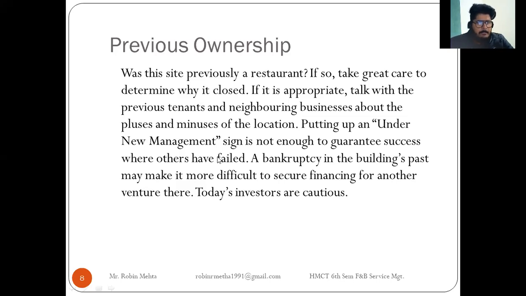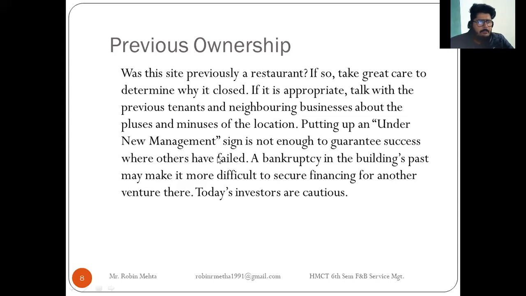If it is appropriate, talk with the previous tenants and neighboring businesses about the pluses and minuses of the location. You can also go to your neighbor shops and neighbor restaurants. Don't go as the owner of that restaurant, just go as a customer, and then ask or take feedback from them.